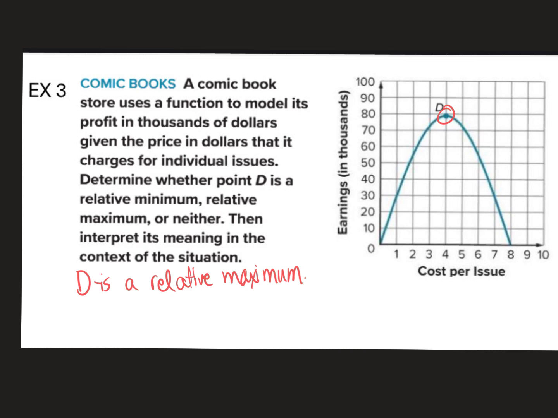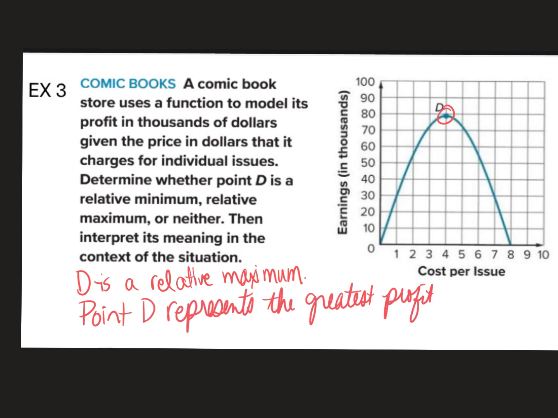Point D represents, is what we're going to write, the greatest profit the comic book store can earn given the price it charges per issue.